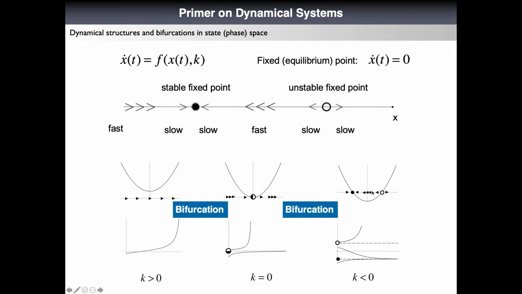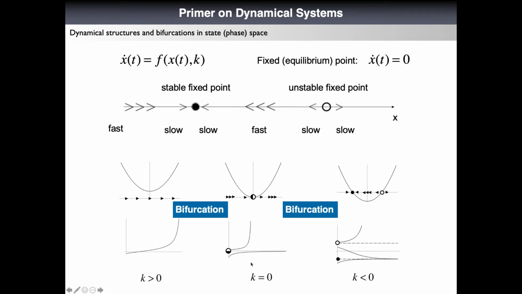This attracts the flow from the one side and also from the other. The further we are, the faster we go. The other one instead repels the flow. So if someone starts around here, he's going to leave slowly, then speed up, and then slowly again reach the stable equilibrium point. However, if someone is here, he will leave and go again far to infinity.